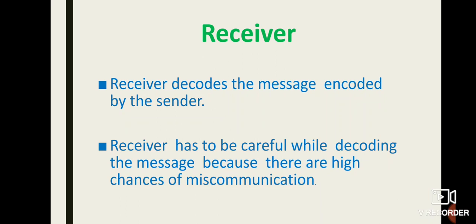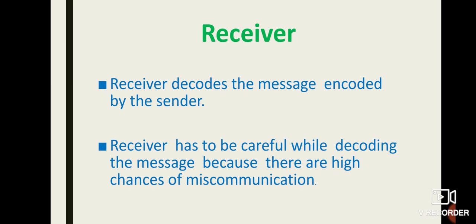In the communication process, the receiver is the listener, reader or an observer to whom a message is directed. Receiver is also known as an audience or a decoder. The receiver has to be careful while decoding the message and sending the response, because there are high chances of miscommunication. So the receiver is a main part of the communication process.